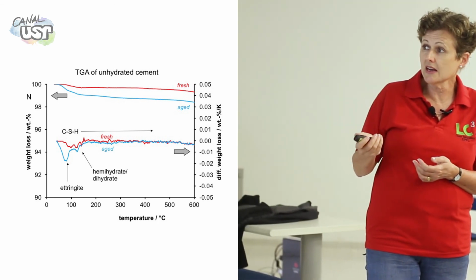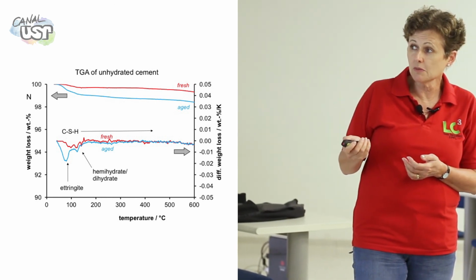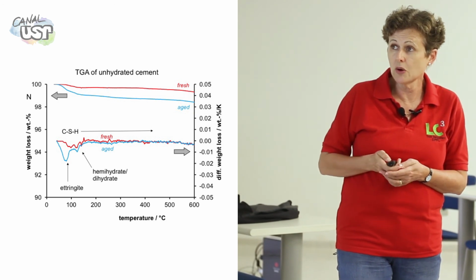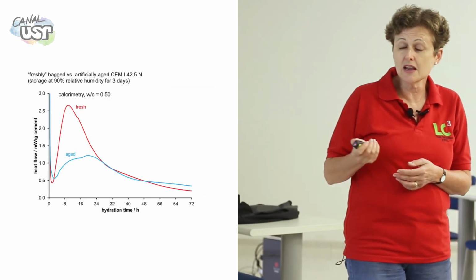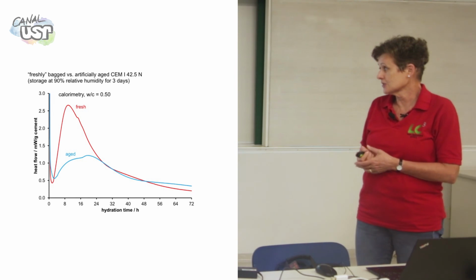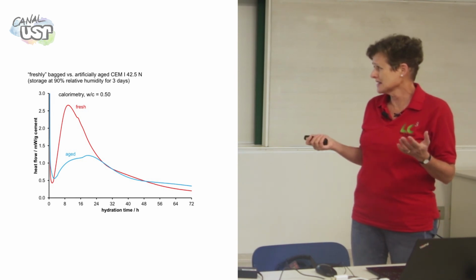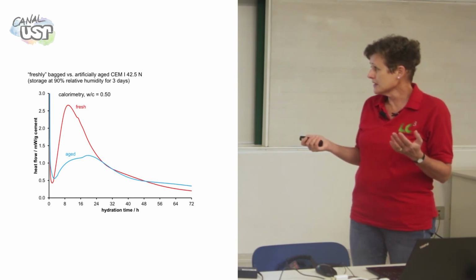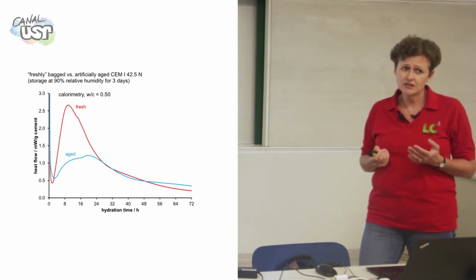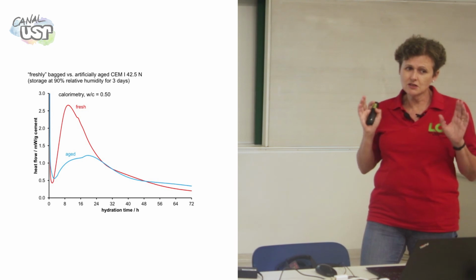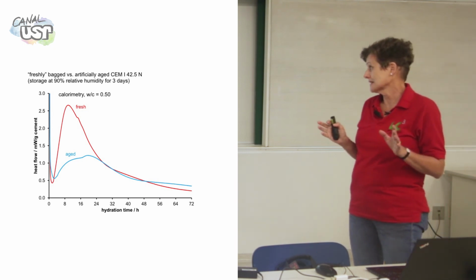But you can see in the aged sample that there's already been some ettringite and maybe aluminates forming. And this is the impact on the hydration kinetics. This is absolutely dramatic. You see the heat at this peak here is more than halved in an aged sample. So it's not negligible. It's really dramatic.